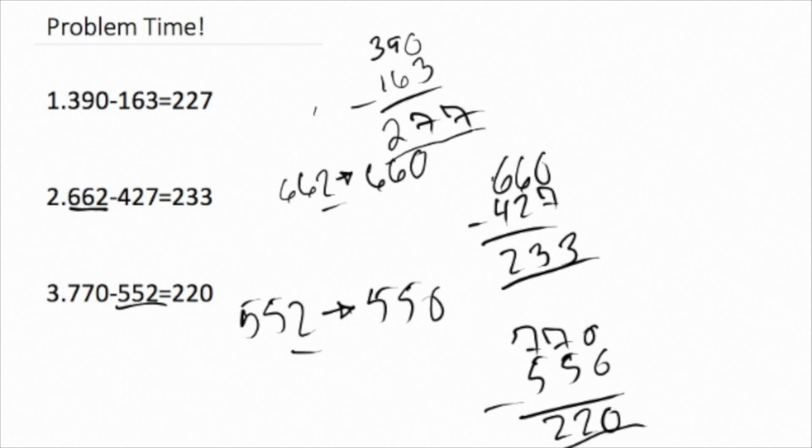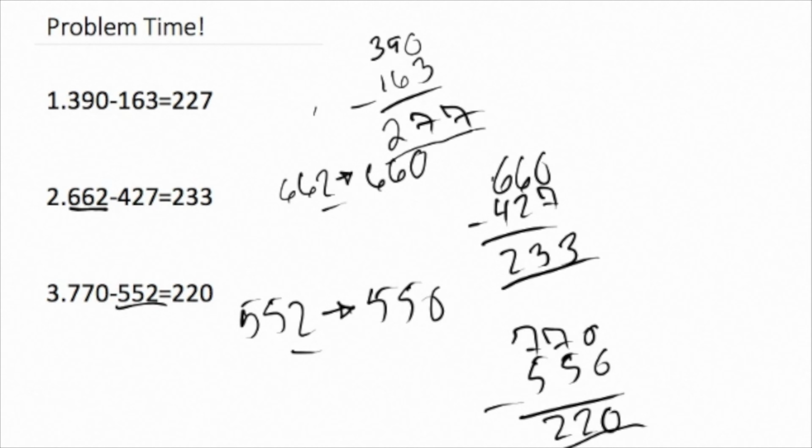I got that by subtracting 163 from 390, starting in the ones place, going over to the tens place, borrowing, and making it a 10, subtracting, and I got 277.